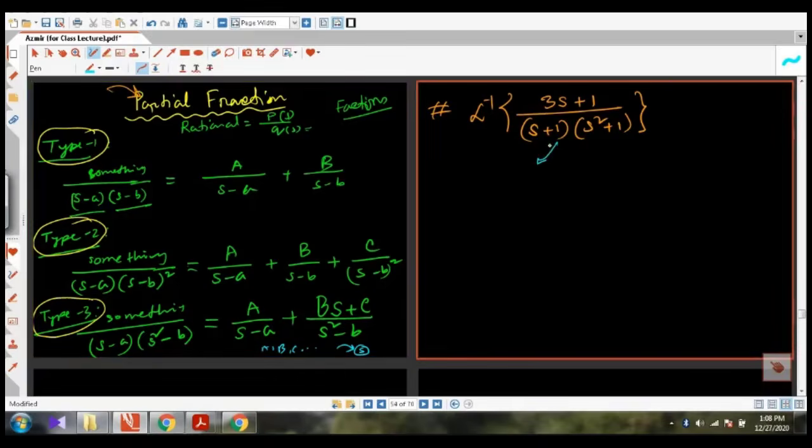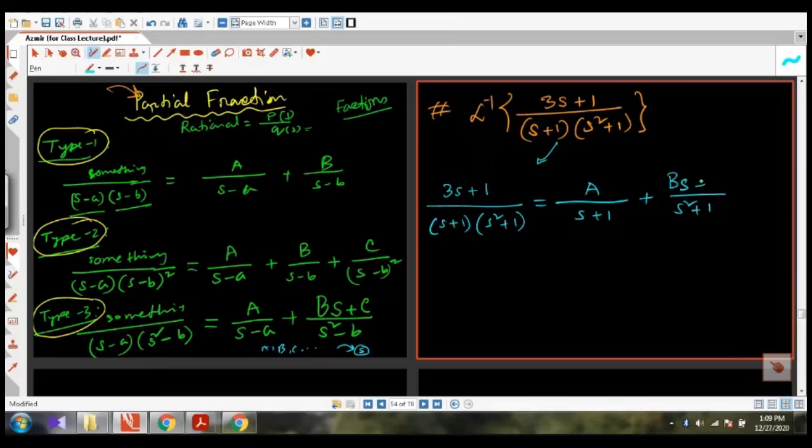Let's bring out the function here: (3s + 1) over (s + 1)(s squared + 1). It can be decomposed as A over (s + 1) plus (Bs + C) over (s squared + 1).